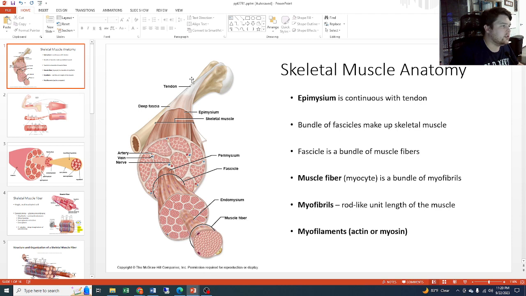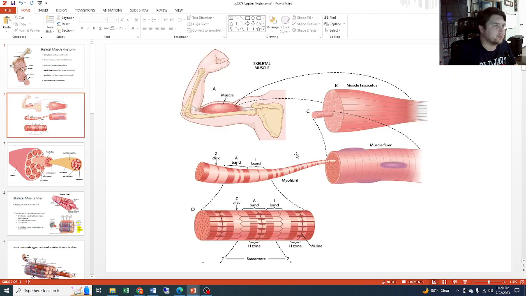It's one continuous cell through the entire length of the muscle. And even deeper than the myofibrils, we have the myofilaments, which are made up of actin and myosin. They're two different things, but they all join together. And we'll see a little bit later on exactly how that's all built up.